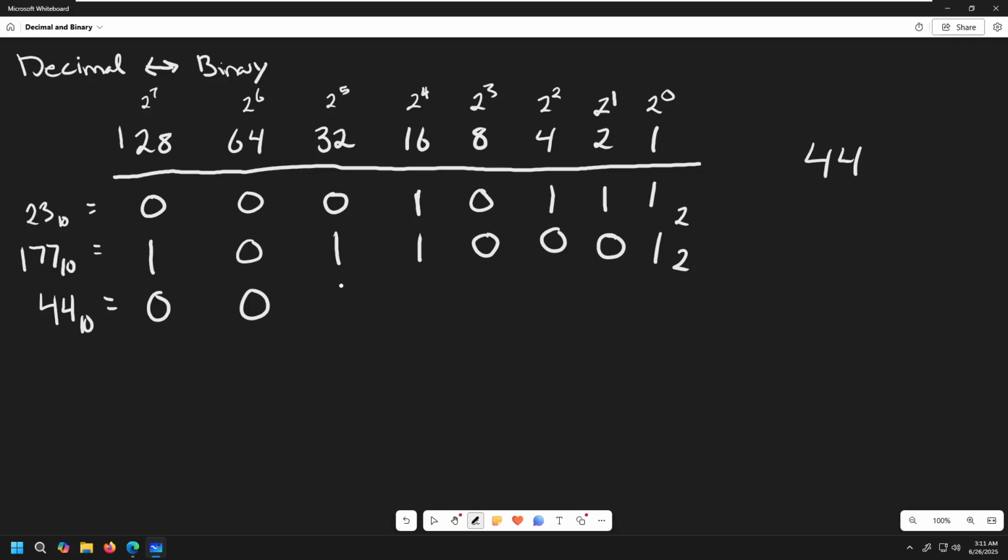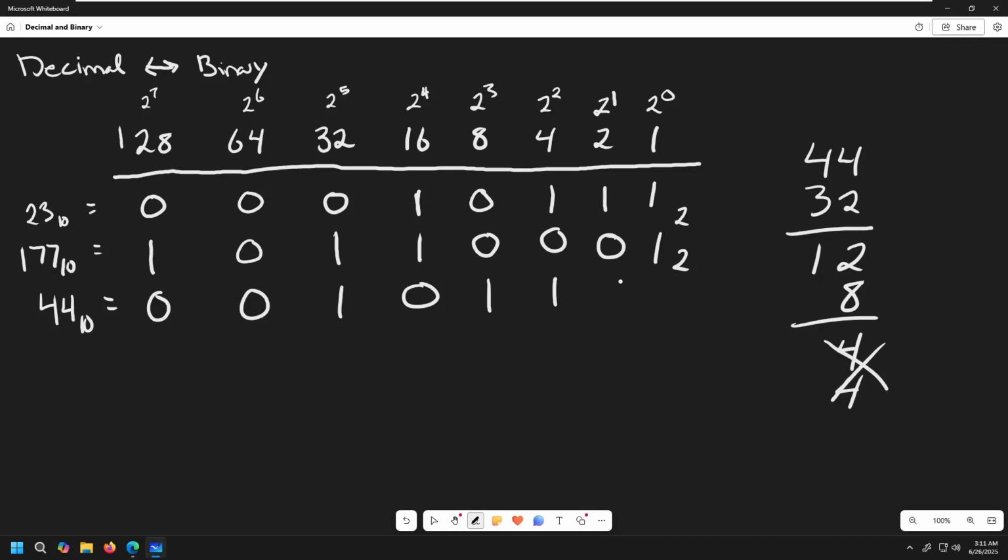Those are turned off. 32 is. That's going to leave us with 12. 16 is not. That gets turned off. 8 is. And with us getting that bit position, we have run out of values.